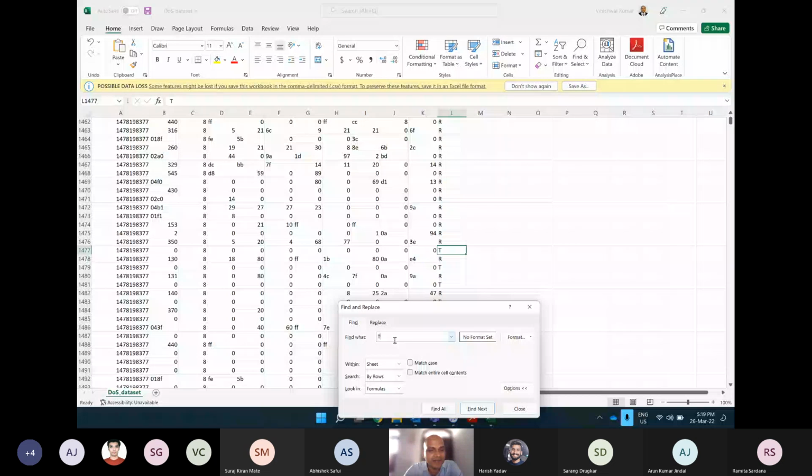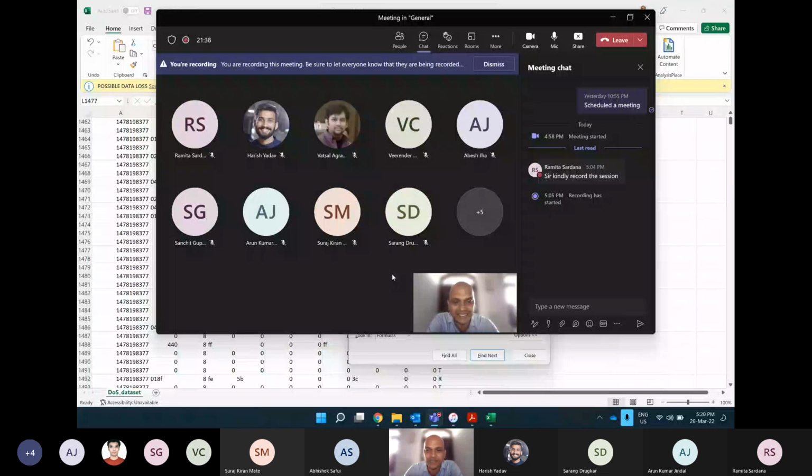But this is probably a dumb attacker, which is launching this denial of service attack by just using all zeros. There could be other, intelligently selected IDs that the attacker could have used to do the same thing.